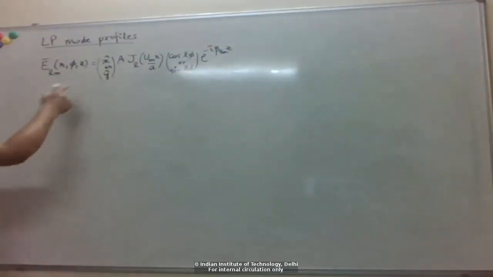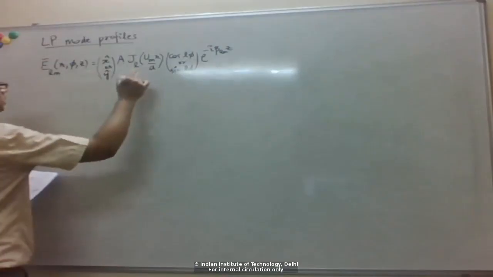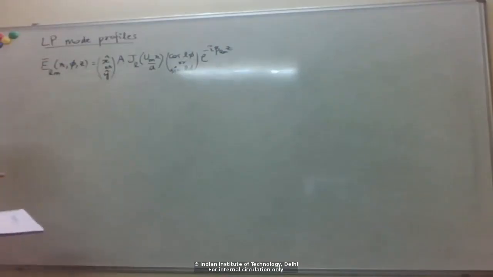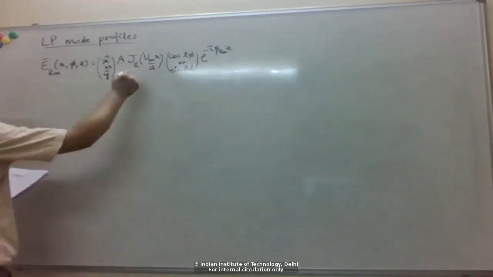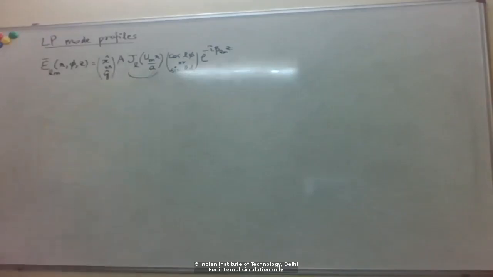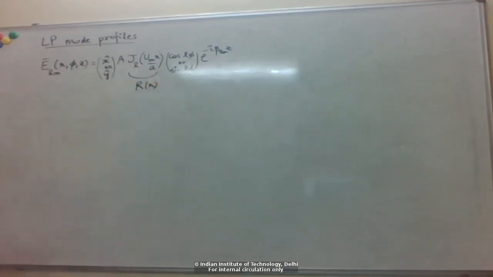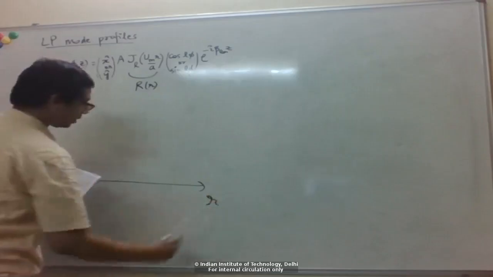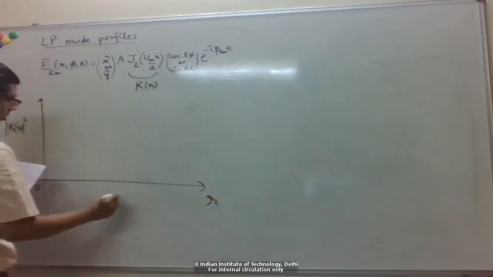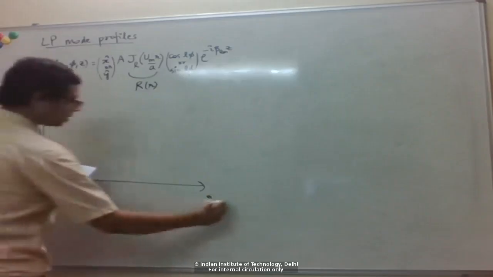So how do they look? For example, if you plot the radial part, how the mode profile looks as a function of increasing distance from the center of the core, the only radial dependence here is just the Bessel function. If we denote this by R of r, and plot the intensity profile in the radial direction as a function of r, we denote the core radius by a.